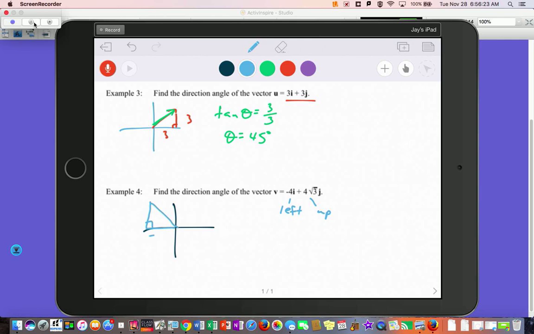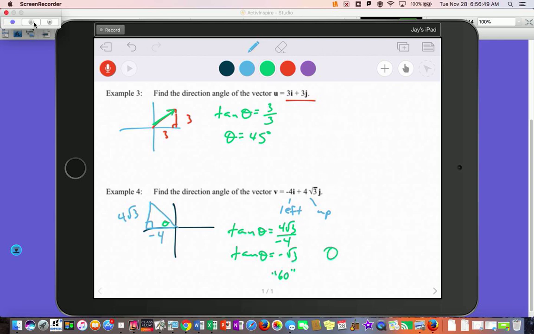And so I go left, negative 4, and I go up, 4 root 3. So again, I can do my tangent to find theta. The tangent of theta is opposite 4 root 3 over negative 4. So what this is really asking is when is the tangent negative root 3? Well, that happens at the 60-degree angle.